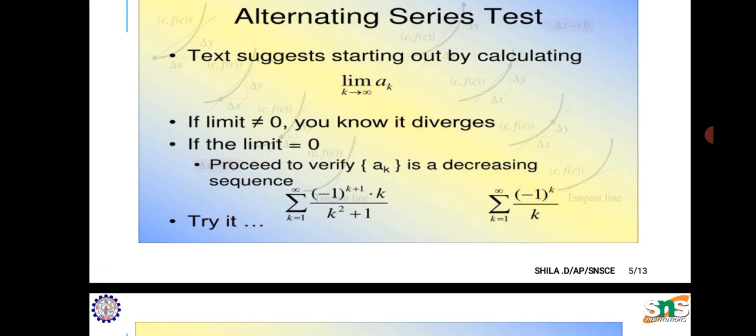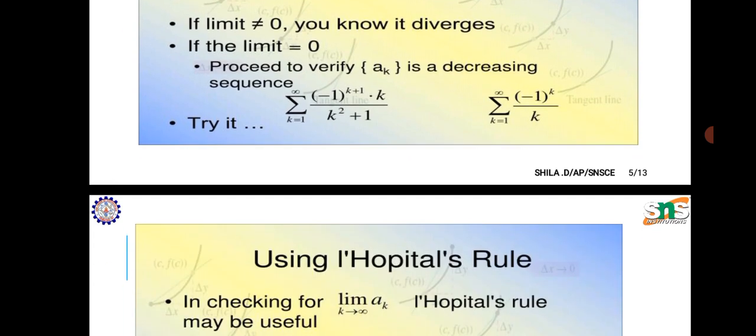I take the general term minus 1 to the power k plus 1 times k divided by k square plus 1. This is the k plus 1th term. So the kth term would be minus 1 to the power k divided by k. If this is less, then I prove that it is convergent.